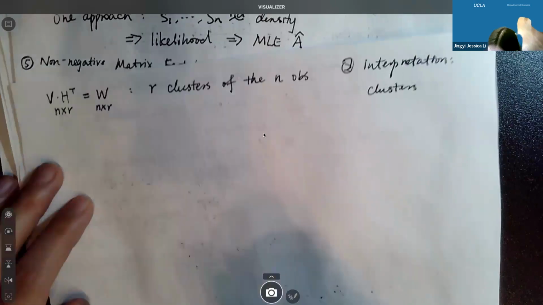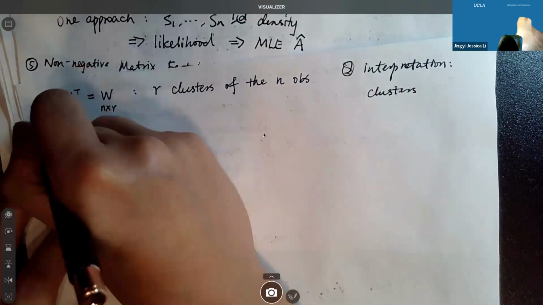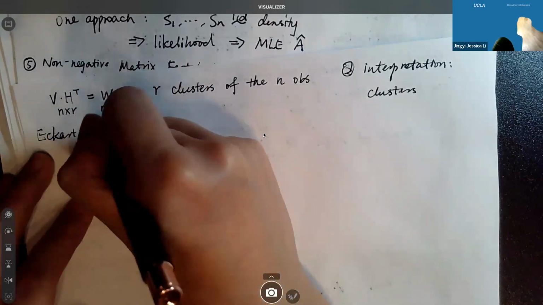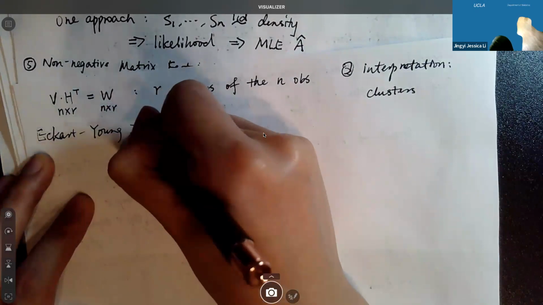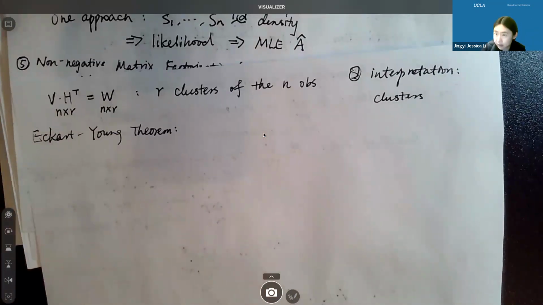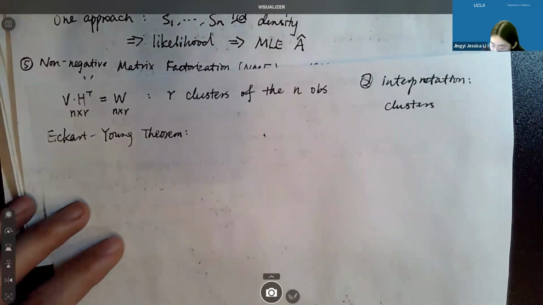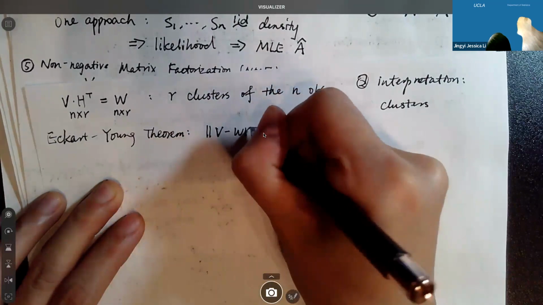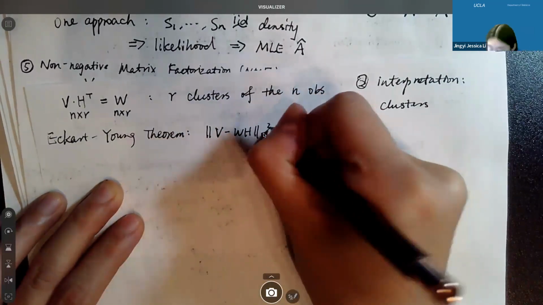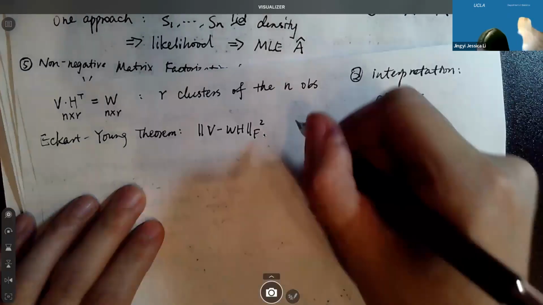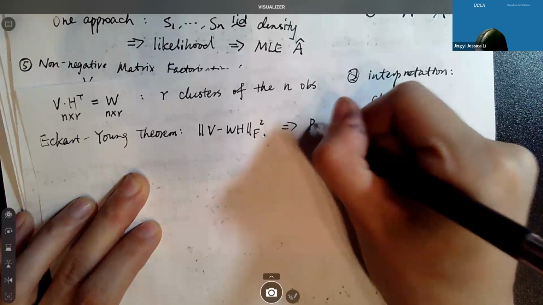And also, under what conditions is PCA preferred? I would say there is a very important theoretical result called the Eckart-Young theorem. This is the theoretical foundation for doing PCA, basically. It says that if you want to do this decomposition just to minimize this norm without adding any constraint on W and H, then the optimal solution is PCA.